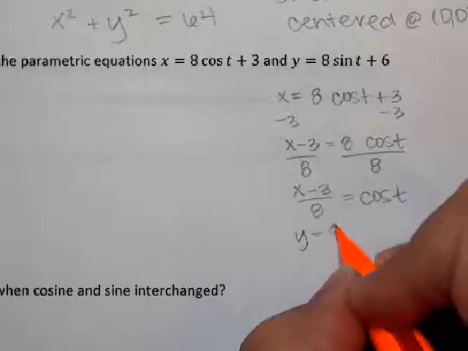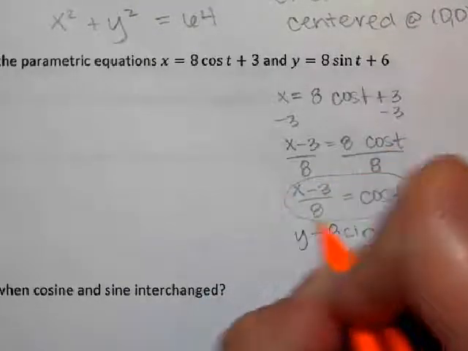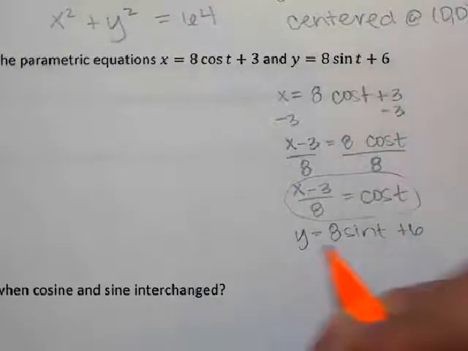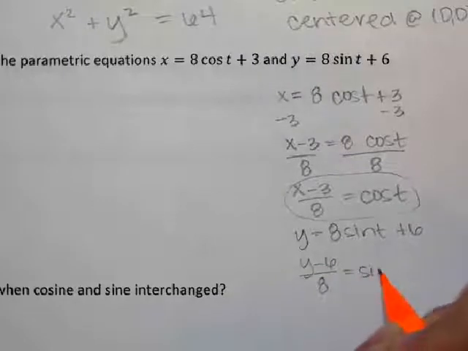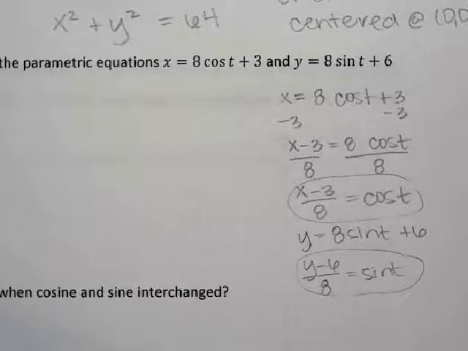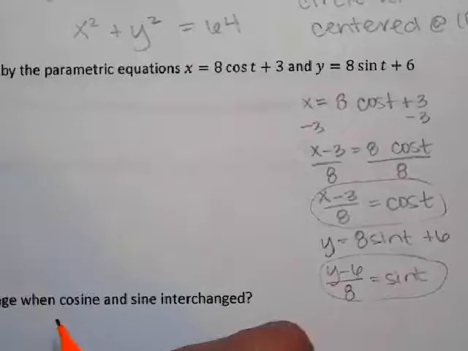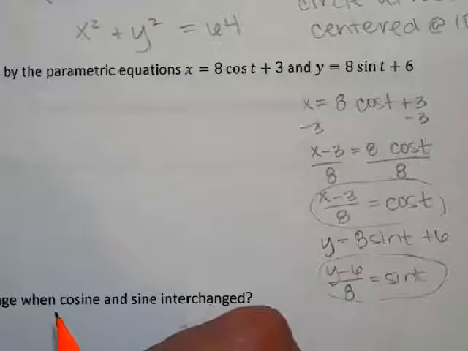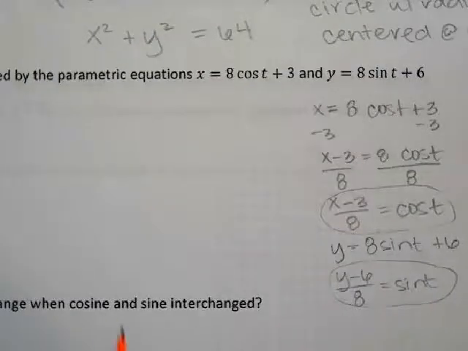So I'll minus the 6 over and divide by 8. I'm going to switch the cos and the sine this time so that the x can go first. Is that okay? So we would have cos squared t plus sine squared t equals 1.